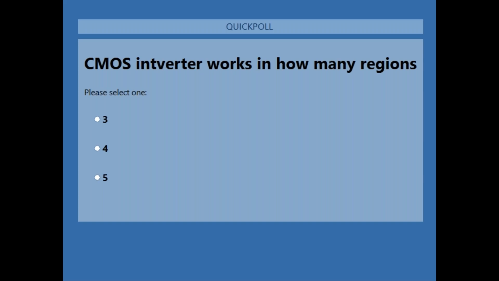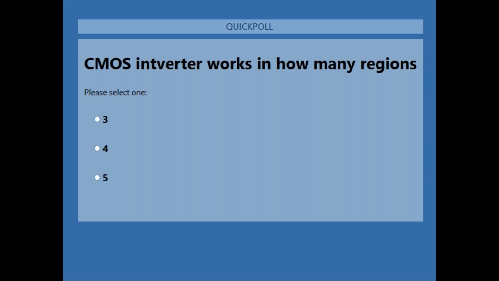I am asking about inverter working region. CMOS inverter works in how many regions? I have shown the model also for each region. How are you giving wrong answers? Give it fast. Last 10 seconds. 10, 9, 8, 7, 6, 5, 4, 3, 2, 1, 0.